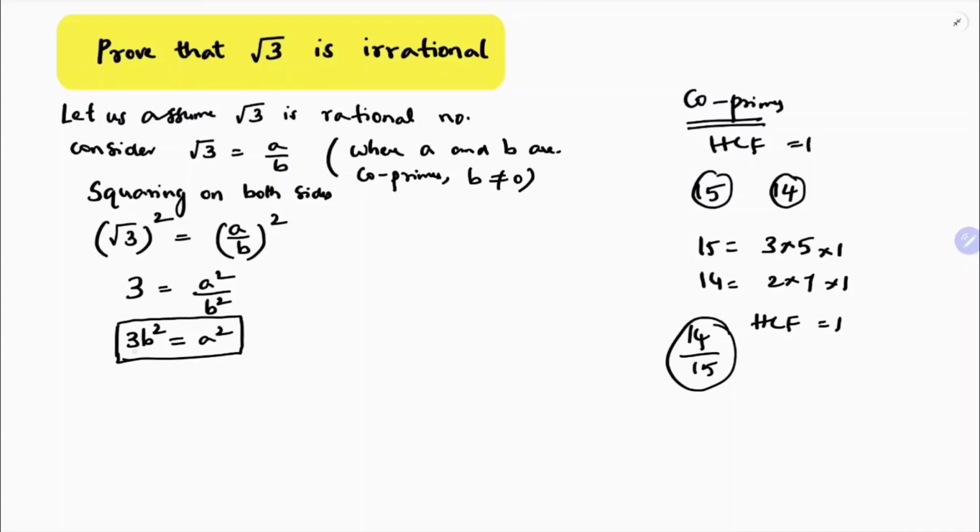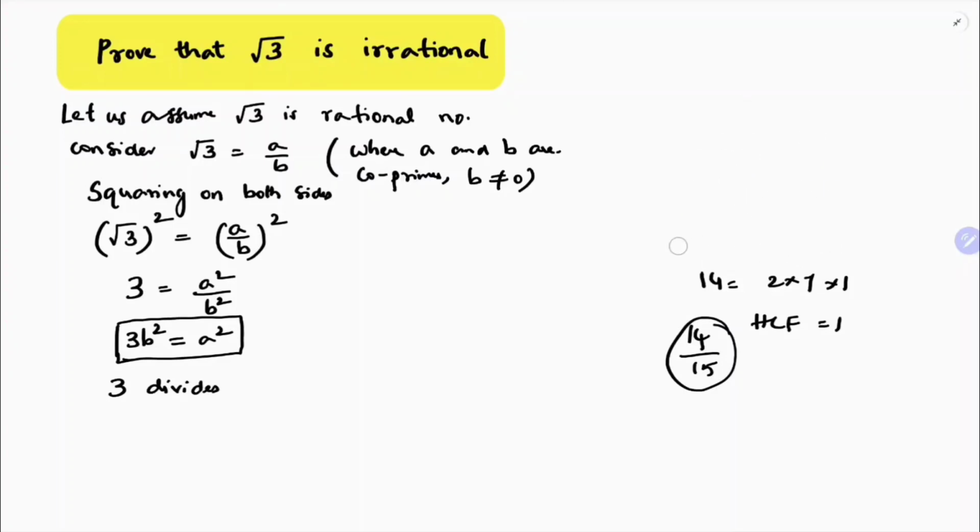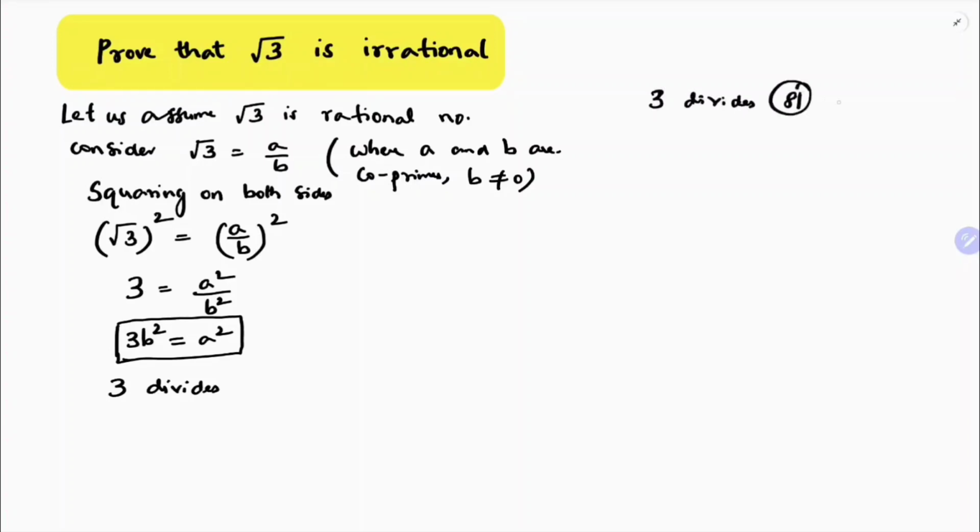So here, very clearly, 3 divides a square. If 3 divides a square, suppose 3 divides 81, which is the square of 9, then definitely 3 divides 9.